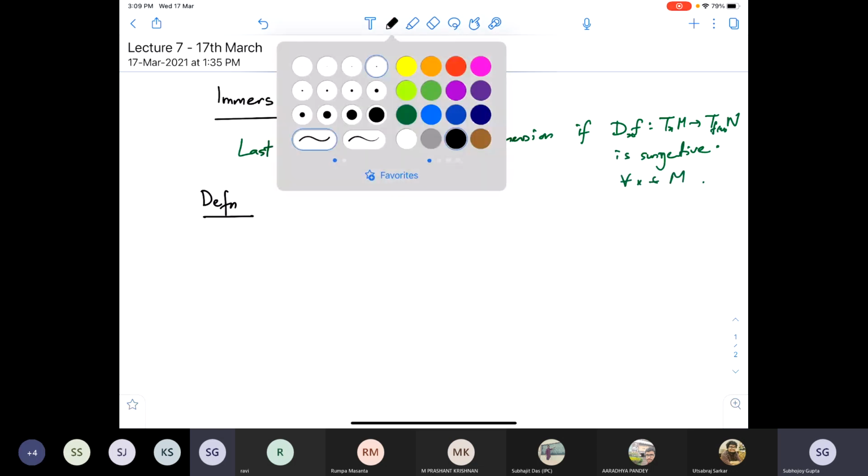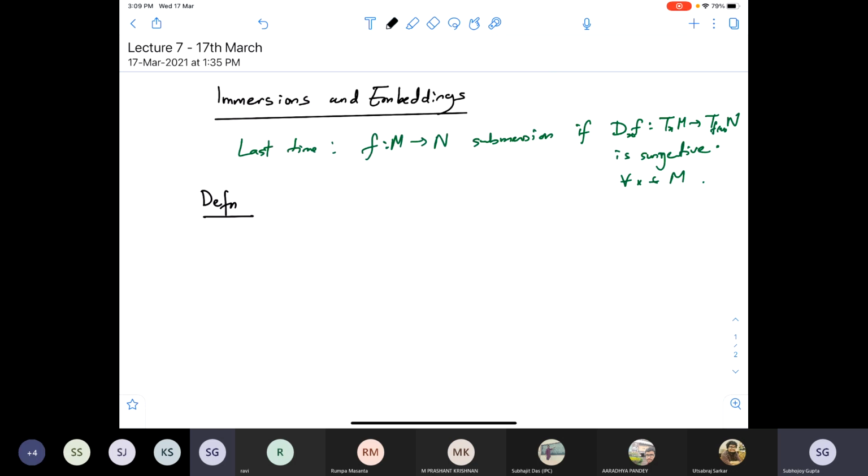And now the definition today, an immersion, is somehow complementary to this, where the derivatives, these linear maps, are injective. Here I'm going to have the dimension of the source being less than or equal to the dimension of the target, the opposite of what we had for submersions.